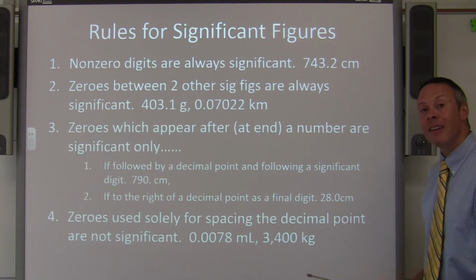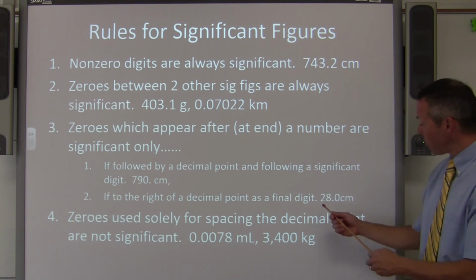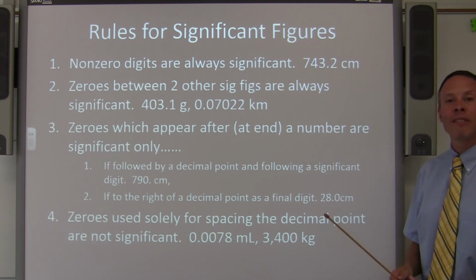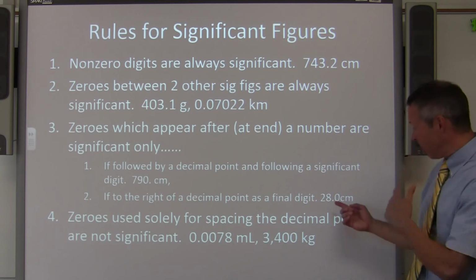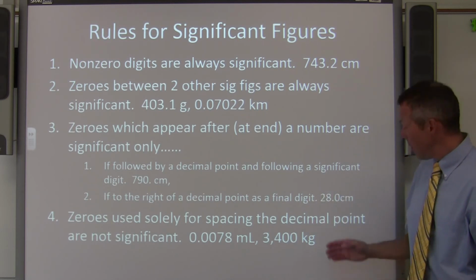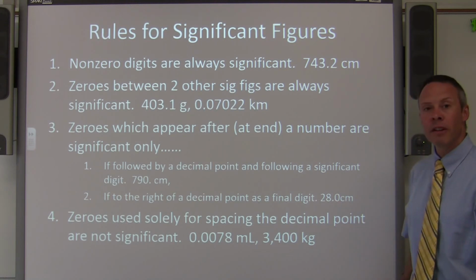That 0 is significant. You were estimating. That was the place of uncertainty. So there's a difference between 28 centimeters and 28.0 centimeters. Again, up until higher level math and science, they probably don't even care. You don't even think anything of them. Sig figs, significant figures, that is different.